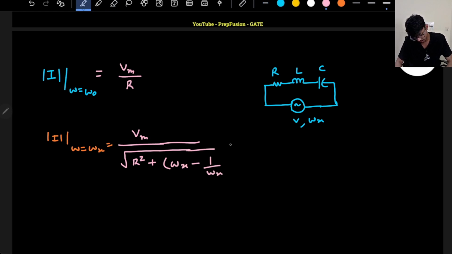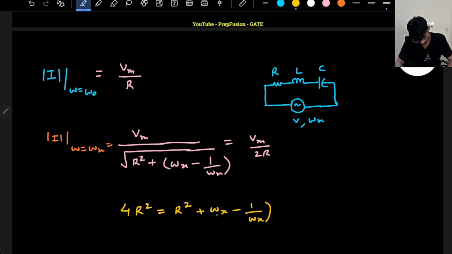So this is equal to my current, which is Vm by 2R, because they have told me it is half the resonant current. So ultimately Vm will get cancelled. If I square both sides, this will be 4R squared equals R squared plus (omega x minus 1 by omega x) squared.